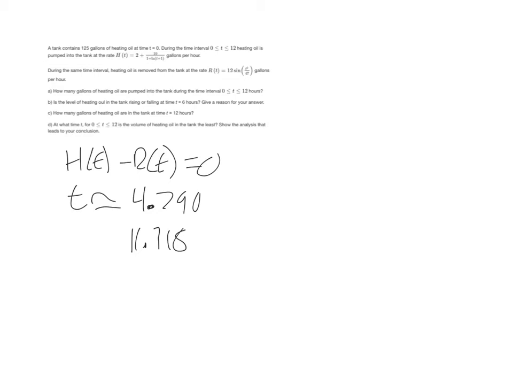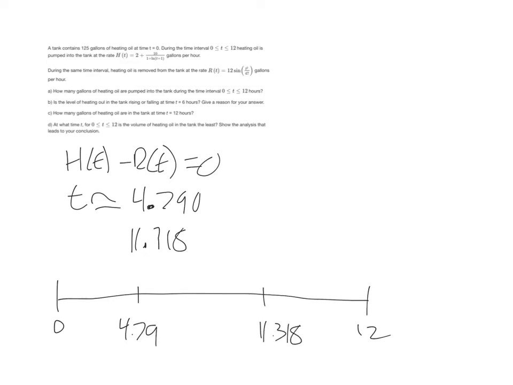And so I need to know, okay, well, one way to think about this is to say, what's happening between 0, because if I set up my number line here, I've got 0, 12, those are my endpoints, and then I've got this 4.79, and then this 11.318. And so if I look at this overall derivative and see where is it positive, where is it negative, I'll be able to figure out when my minimums are.